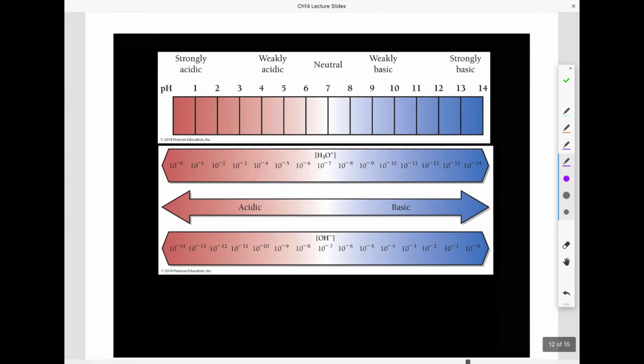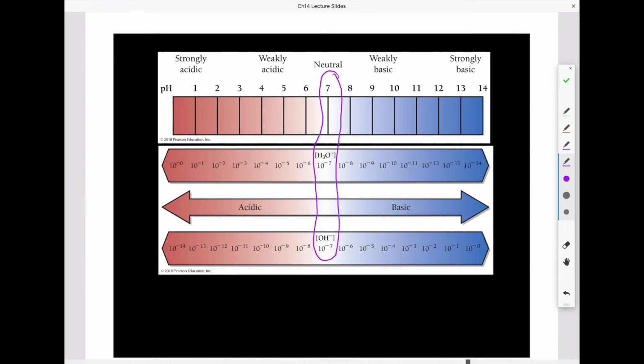So let's do a quick pH calculation together. Oh, this is just another figure. This is just lining up two different figures from your book, where let's talk about something that is neutral, for example, which means pH of 7, which means that, again, hydronium is equal to hydroxide at, oh, look, 10 to the negative 7th. If we wanted to talk about something having a pH of 1, oh, look, its hydronium ion is 10 to the negative 1.